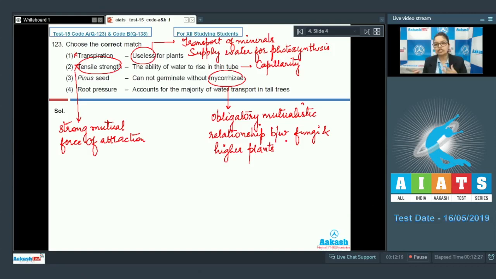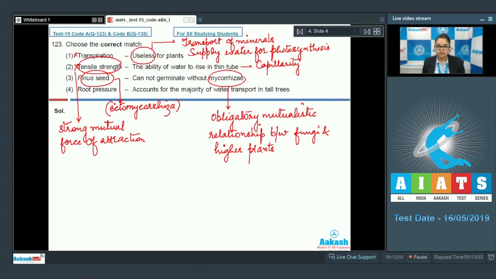So what is the significance of such association? Can I say it enhances the supply of water and minerals for the plant? But this is the mutualistic relationship. Can I say it will be beneficial for both the organisms, for fungi as well as the plant? And for pinus seeds, here you will see ectomycorrhizal condition. Here we have ectomycorrhiza. Alright, so this is correct here.